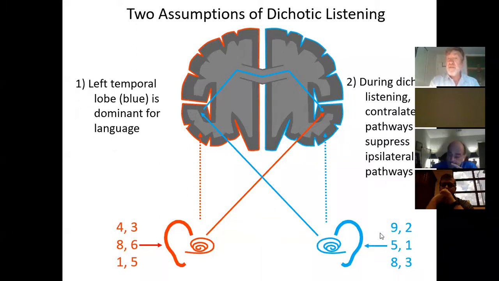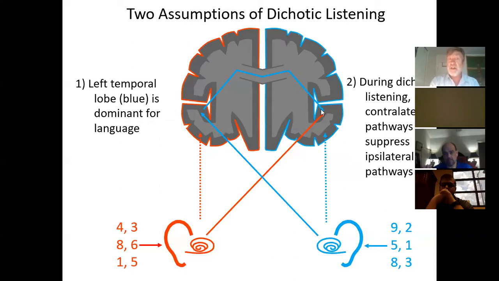Dichotic information, the right ear information goes contralaterally to the dominant left hemisphere. Those digits are remembered. But look at the left ear. It has to go to the non-dominant hemisphere, and then it has to cross the corpus callosum to get to the dominant hemisphere.